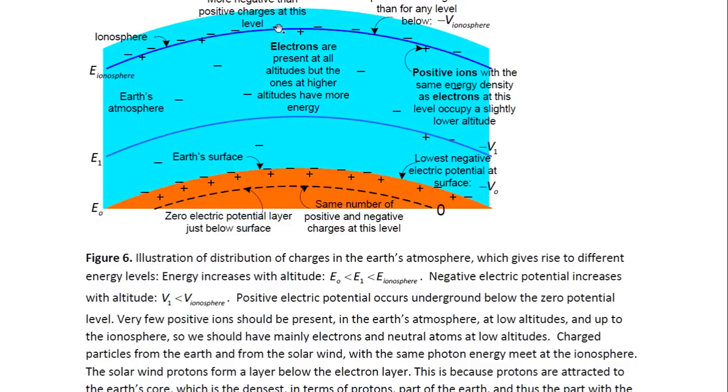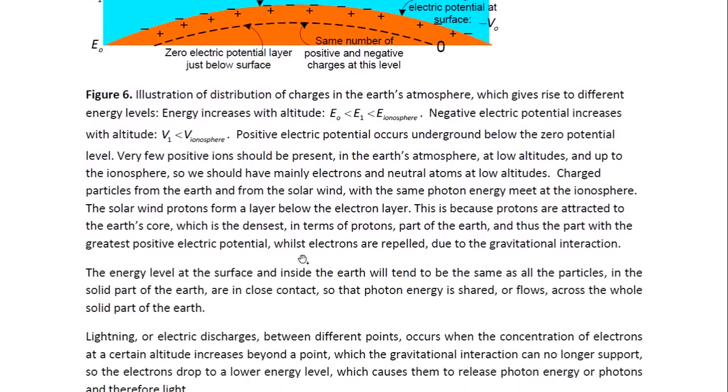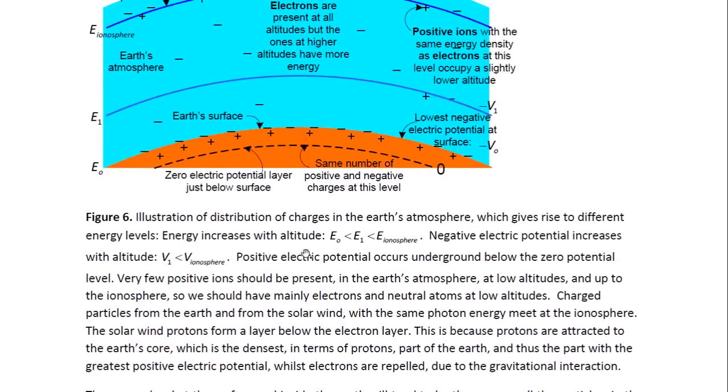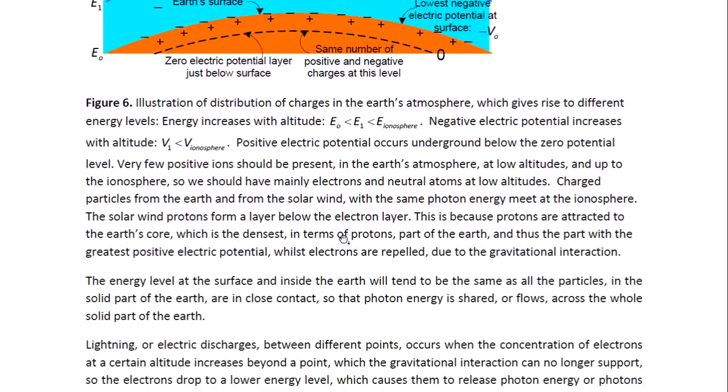The electrons don't leave though, because they are still electrostatically attracted to the Earth's core. So we have always the two interacting, the negative and the positive charges interacting through both the gravitational and the electrostatic interactions.